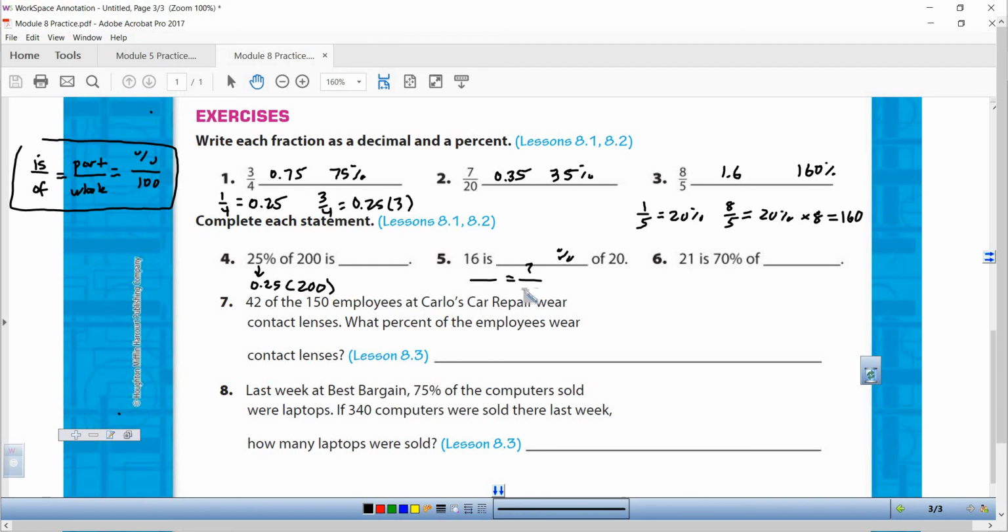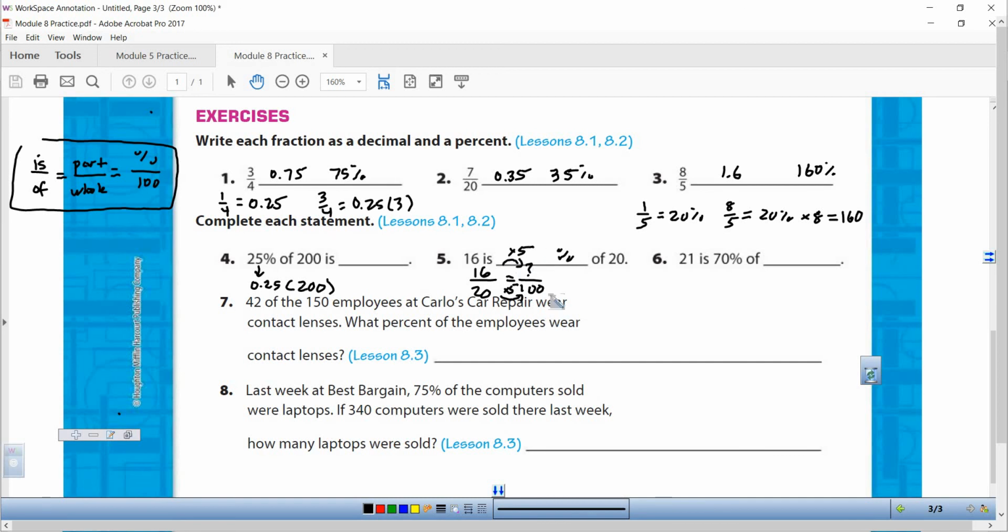So this time, this is what we don't know. We don't know the percent. 16 is, so I'm going to put 16 on the top, and 20 on the bottom. So 16 over 20 is what over 100. We could say 20 goes into 100 5 times, so I have to do times 5 here.